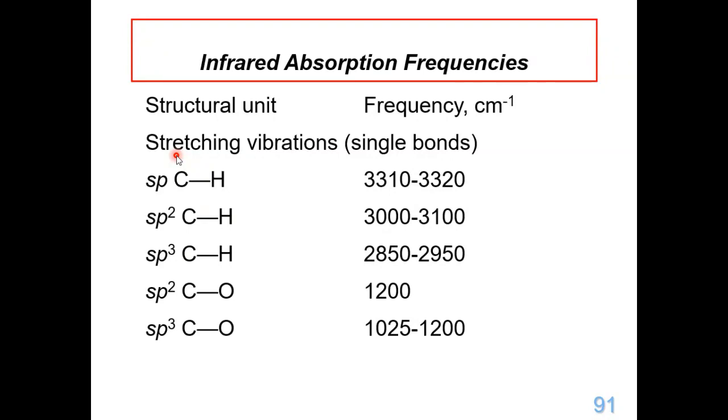If you don't recall, go check Organic 1, chapter 9, alkynes. sp-CH bonds are stronger than sp2-CH bonds, and sp2-CH bonds are stronger than sp3-CH bonds. That's why there is a systematic change in the vibration frequency. Same argument: the sp2-CO bond is a bit stronger than the sp3-CO bond, although both are single bonds. That's why the stretching frequency of sp2-CO is a bit higher than sp3-CO.